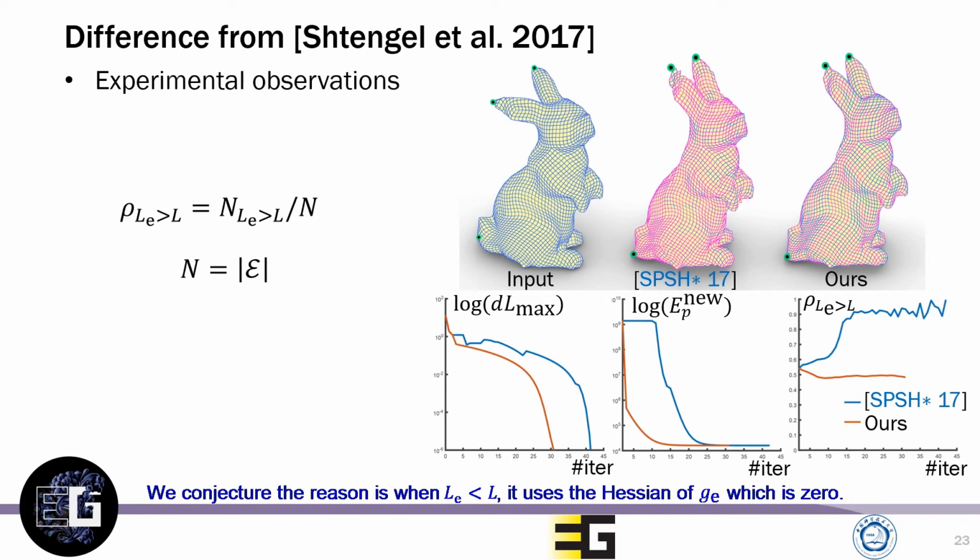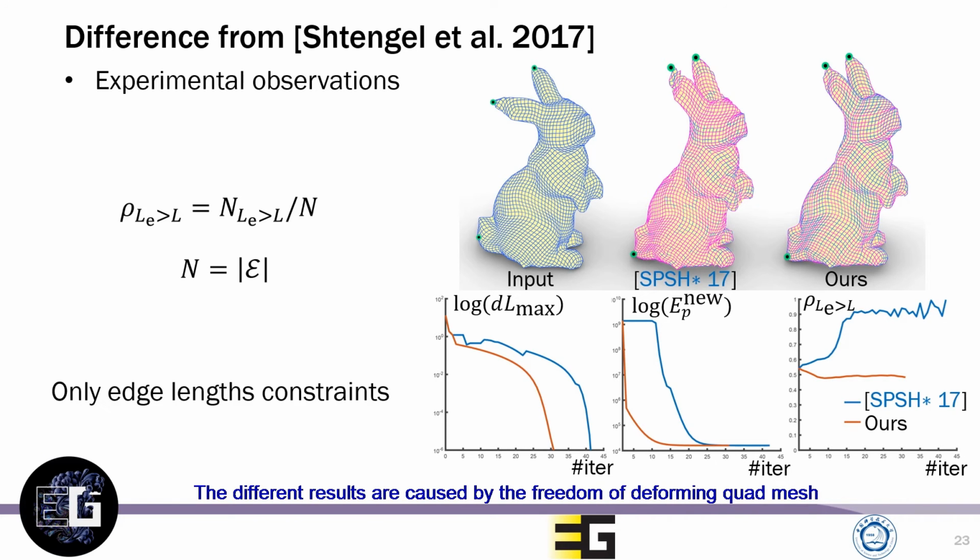We conjecture the reason is that when L_e is smaller than L, it uses the Hessian of g_e, which is 0. Consequently, their solver uses many iterations to remove the influences of the lost Hessian. And such a process leads to noisy results. Despite the noise, the result is also a discrete Chebyshev net. The different results are caused by the freedom of deforming the chord mesh with only edge length constraints.